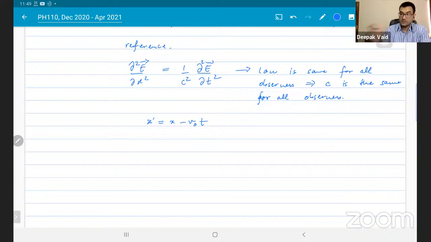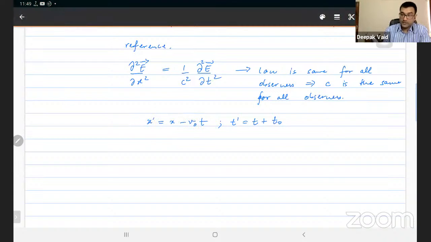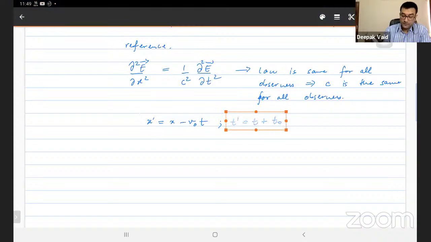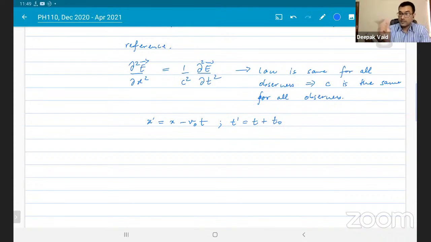This is some frame of reference. So you go to a different frame of reference. According to the Galilean transformation, the coordinate transforms in this way, and the time at most can change by some constant amount, right? This is some constant.